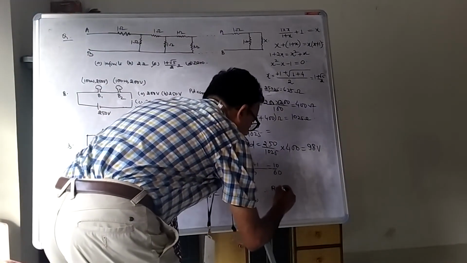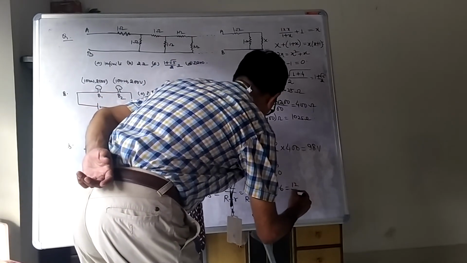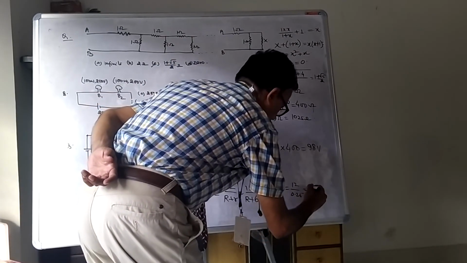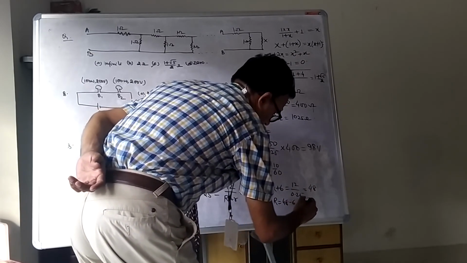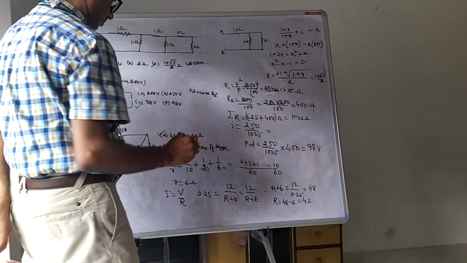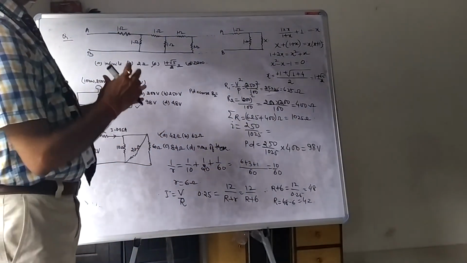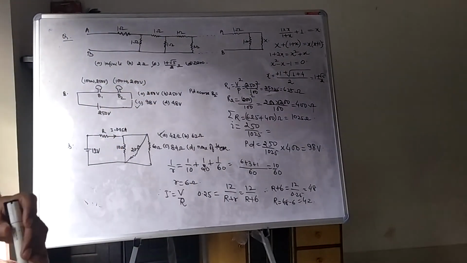Therefore R plus 6 equals 12 divided by 0.25, that is 48. So R equals 48 minus 6 equals 42. So the answer is 42. Like this, we can solve the other numericals.